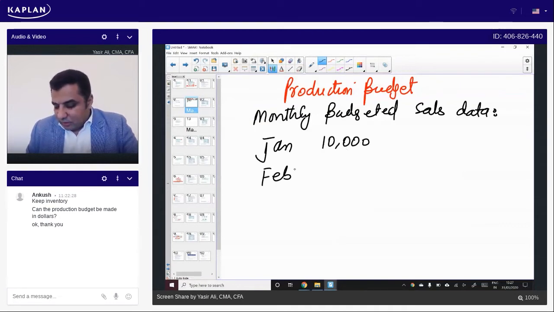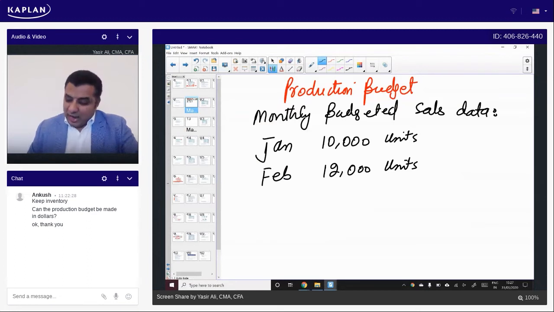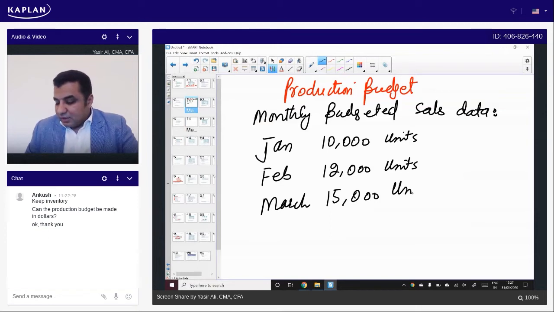For the month of February, you plan to sell 12,000 units of finished product. For the month of March, you plan to sell 15,000 units, and April, 20,000 units. So this is the data.